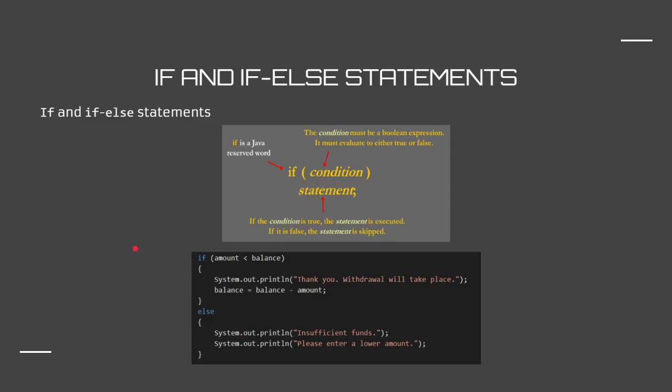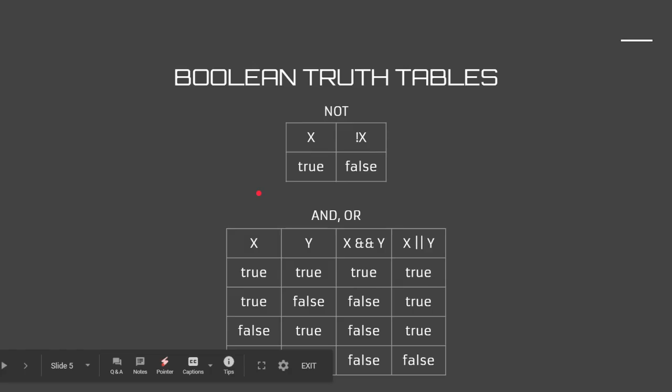If you have an else statement, then if the condition is false, the else statements are executed. We also went over Boolean truth tables, so this included these logical operators and, or, as well as not.